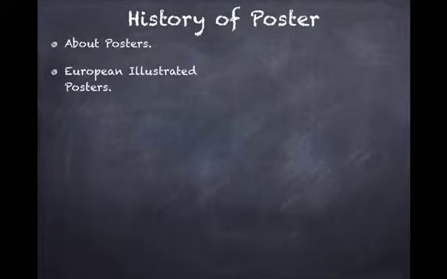If the poster is announcing, most of the time they use text more. And if the poster is for advertising, most of the time they use graphic more than text. A poster should be in a big size so that people could see it from a distance.